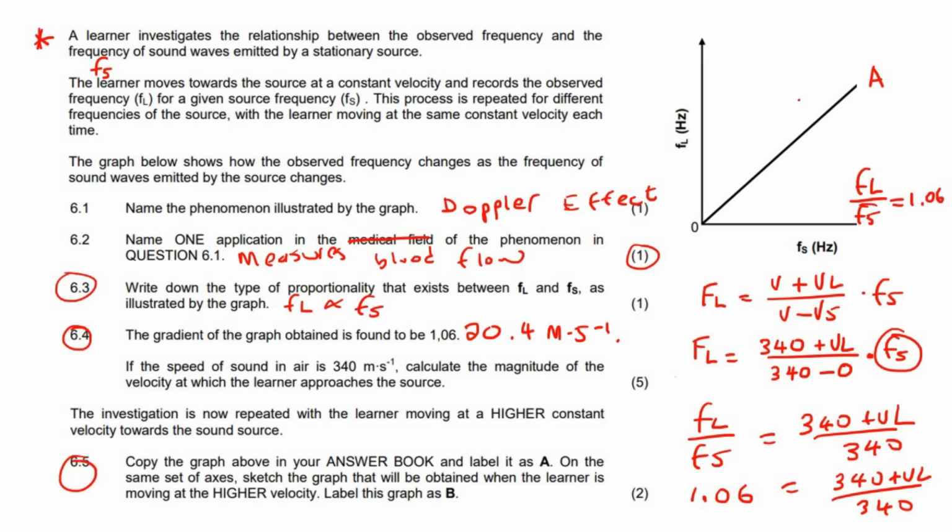Now, the source is not going to be moving, so that stays the same, but they said that the learner is going to move at a higher velocity. So the y part is going to become larger. So what will that do to your gradient? Well, if you have delta y over delta x, if you make this larger, then the whole fraction becomes larger. So the gradient, because remember this is the gradient, will become larger. So you're just going to get a graph that does that.